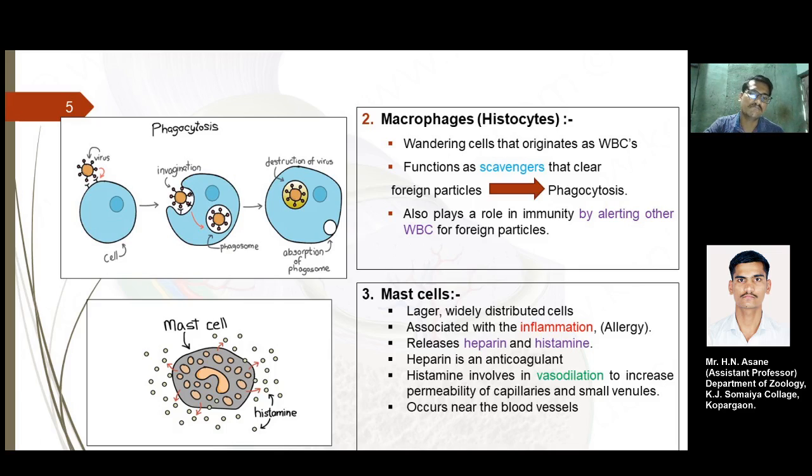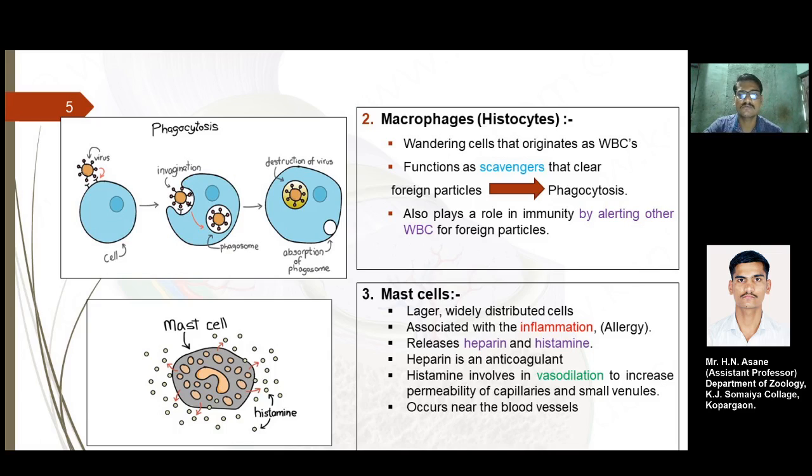The third one is the mast cells. The mast cells are larger cells, and they are widely distributed all over the body. These mast cells are associated with inflammatory function.